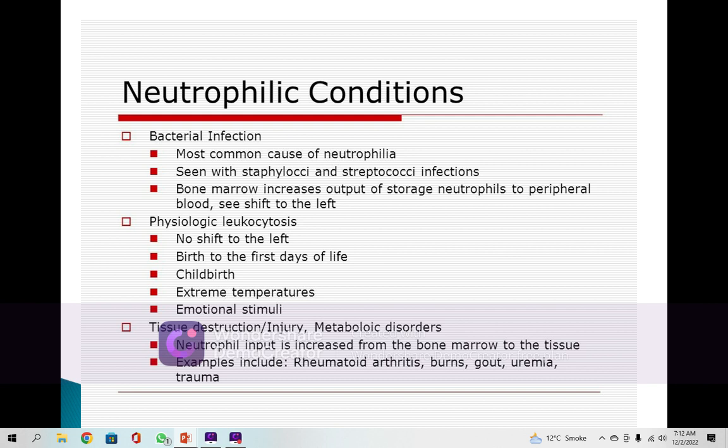If a higher count is found, it is called neutrophilia, without involving the lymphocytes, monocytes or eosinophils. They are the primary responders in acute inflammation, in traumatic conditions, and they act as an acute phase reactant.